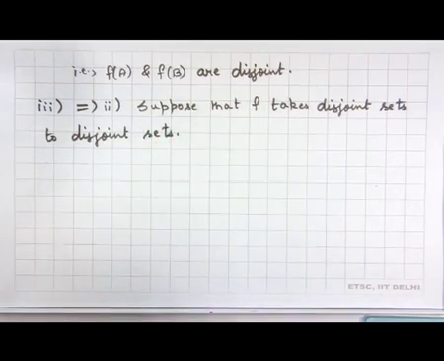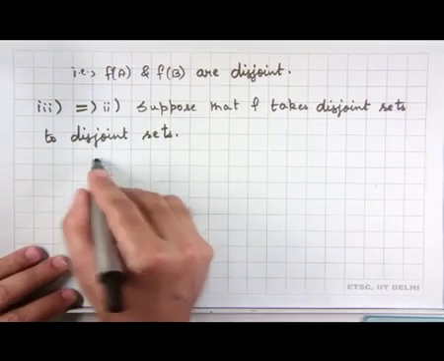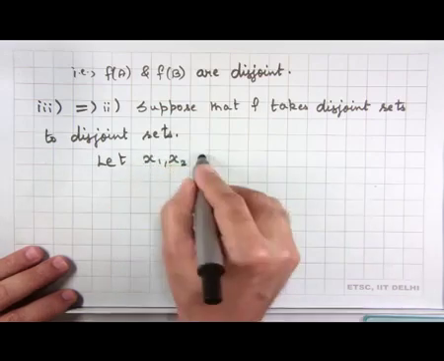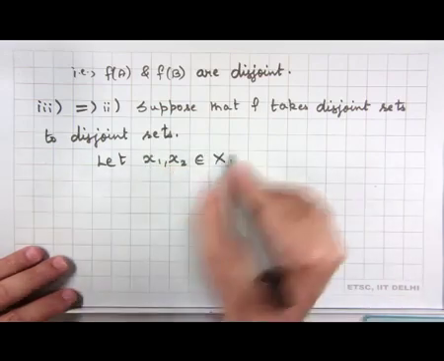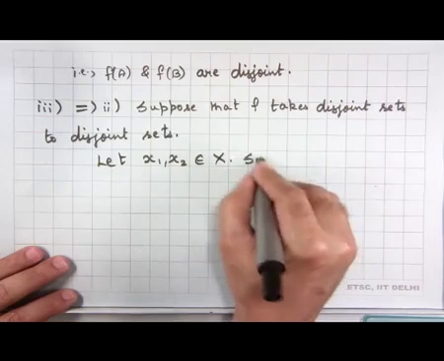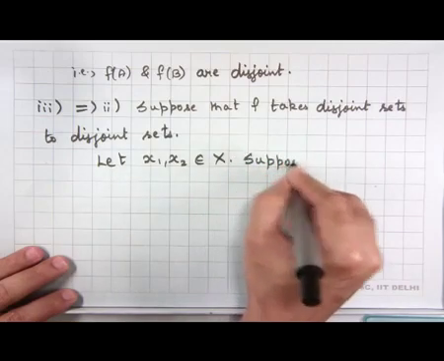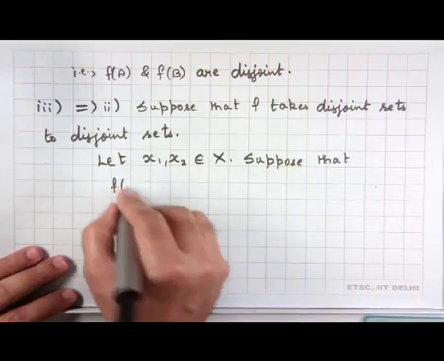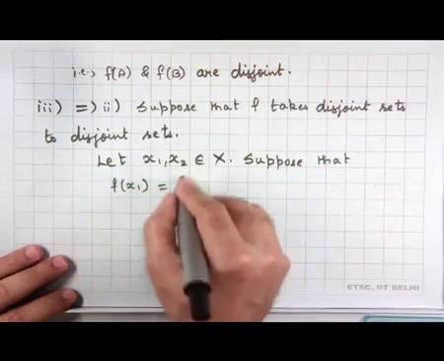Then what we will have to show is that f is 1 1. So, let x 1 comma x 2 belong to the set X. Suppose that f of x 1 equal to f of x 2.